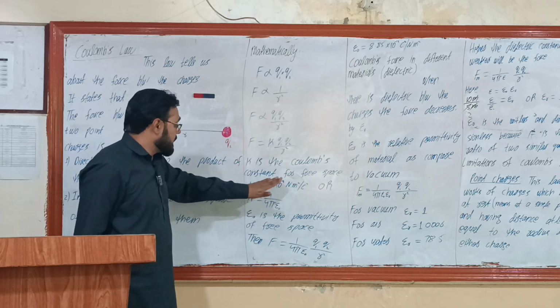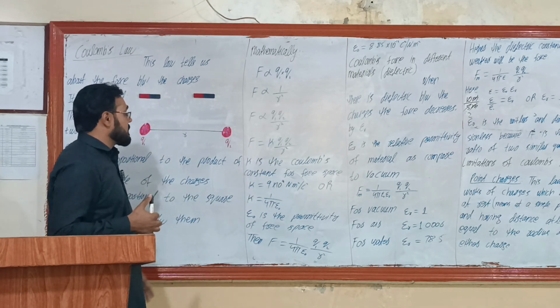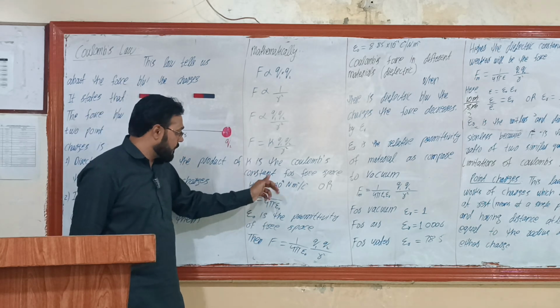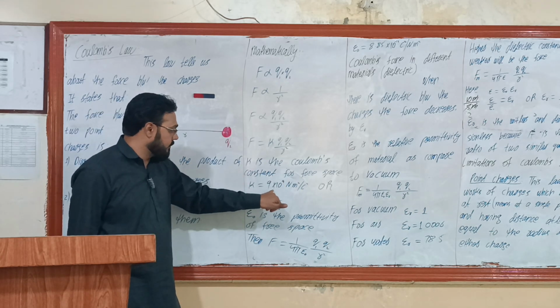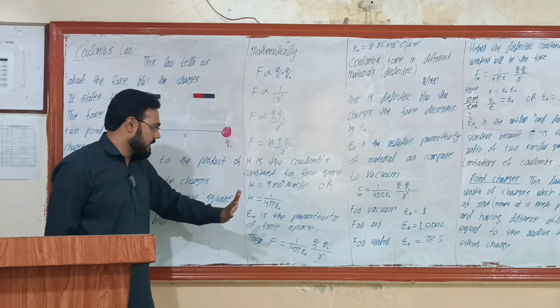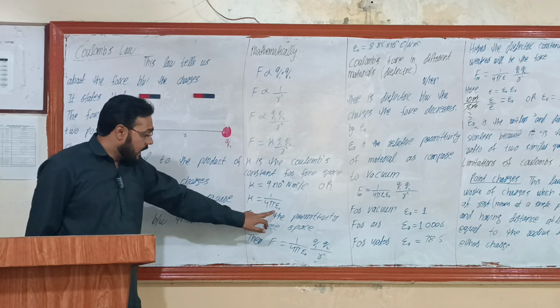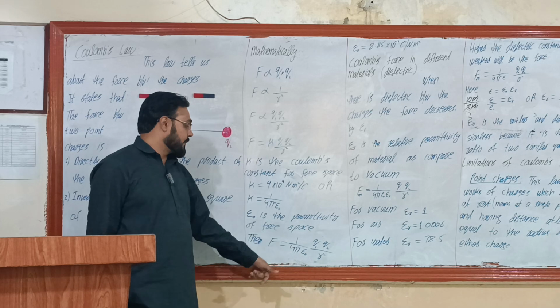K is the Coulomb constant. The value of K depends upon the dielectric. For free space or vacuum, K is 9 multiplied by 10 to the power 9 newton meter square per coulomb square, or K equals 1 over 4 pi epsilon naught. Epsilon naught is the permittivity of free space.